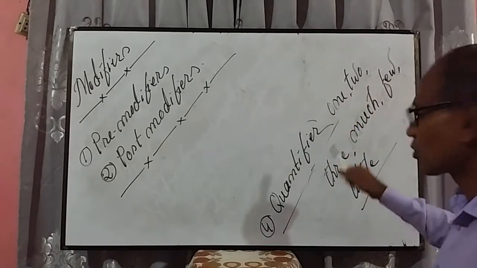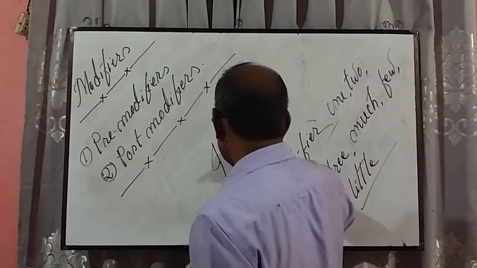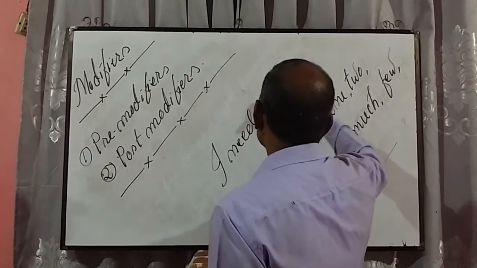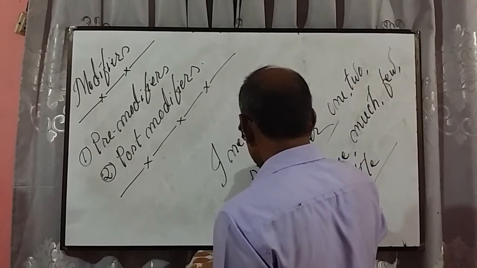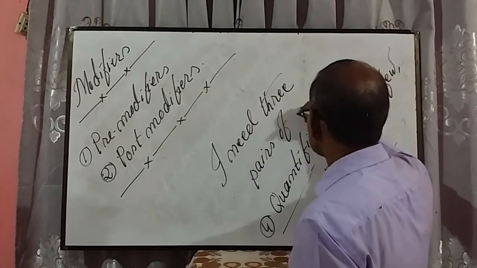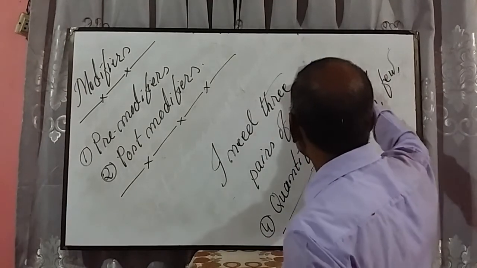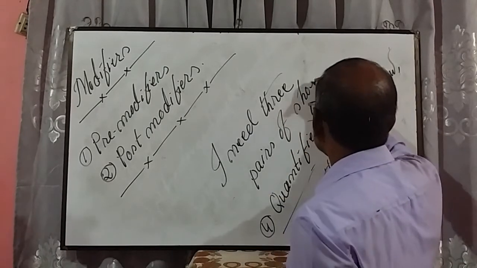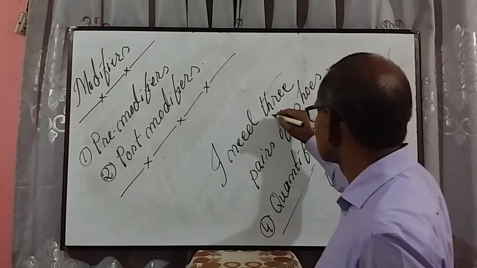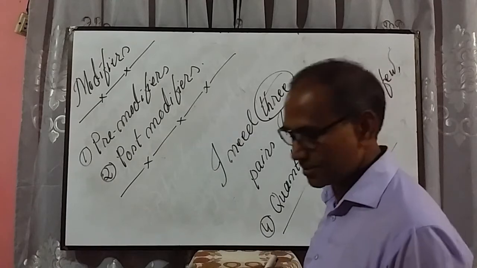So these are called quantifiers. For example: I need 3 pairs of shoes. How many pairs? 3 pairs. So 3 is a quantifier now, right?